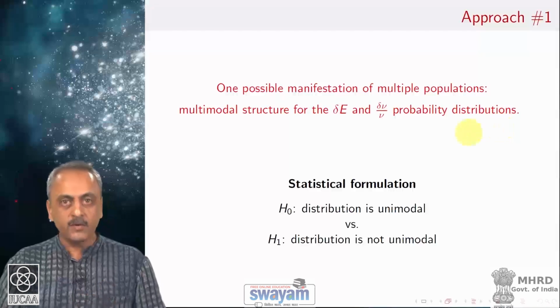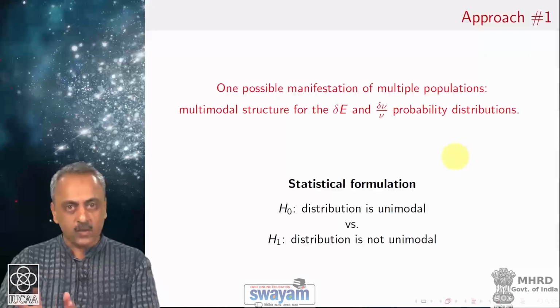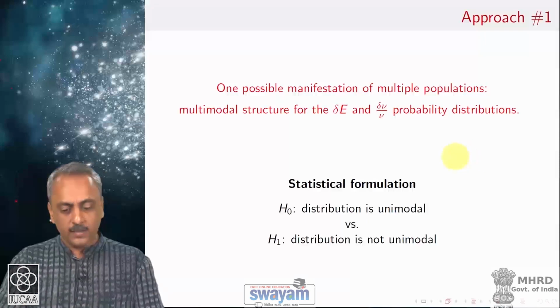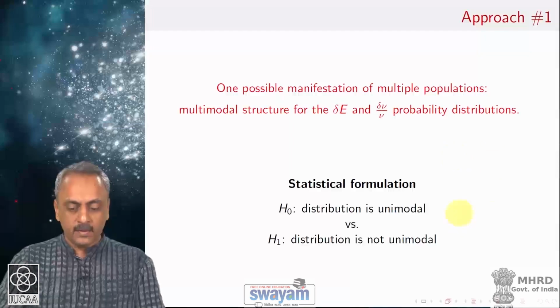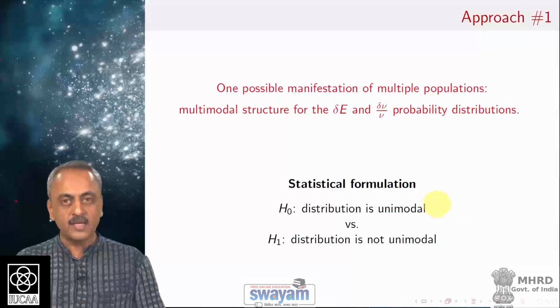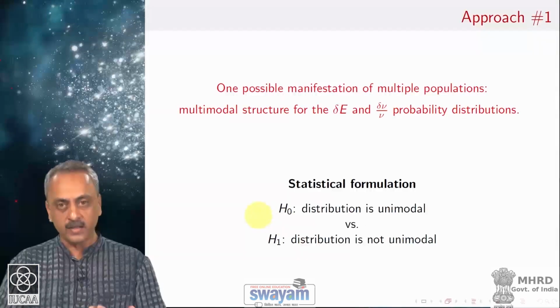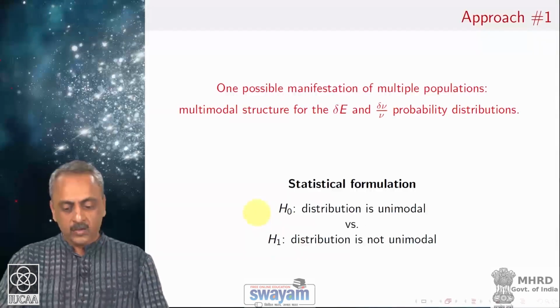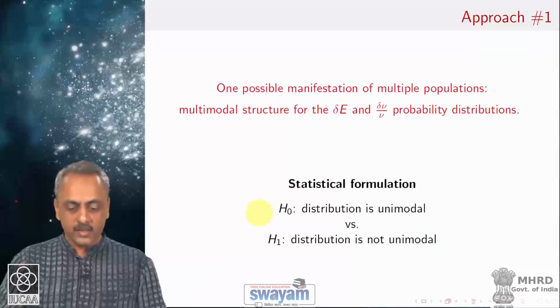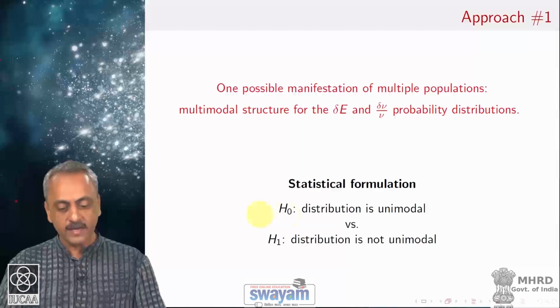This can be formulated in the standard way as a hypothesis test problem. I will not go into details of what hypothesis testing is, but we will assume that you have really basic notions about it. Here, the null hypothesis, H 0, represents the prevailing state of understanding, your current state of understanding.